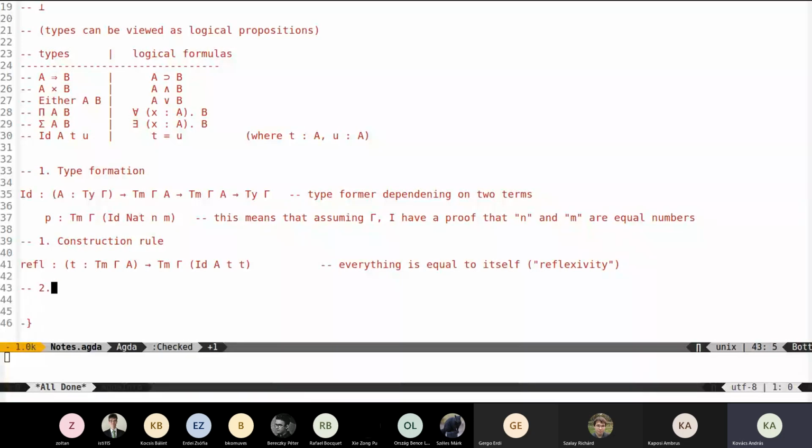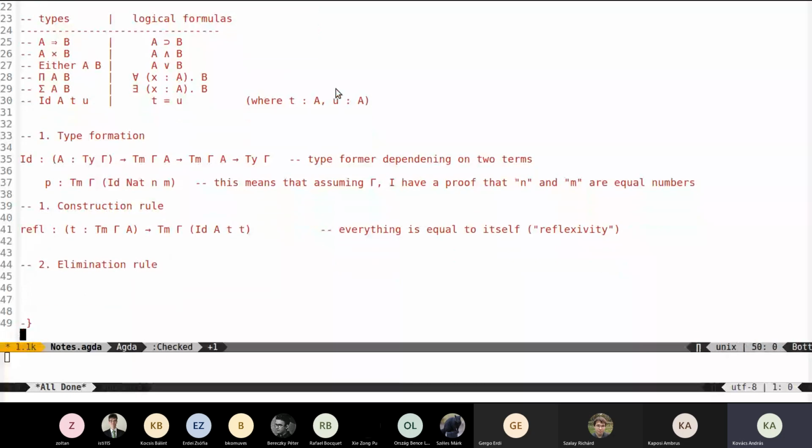Okay, and there is also an elimination rule, but this is a bit complicated. So I think, like with, for example, natural numbers and Booleans, we can have dependent elimination rules, and we can also have non-dependent elimination rules.